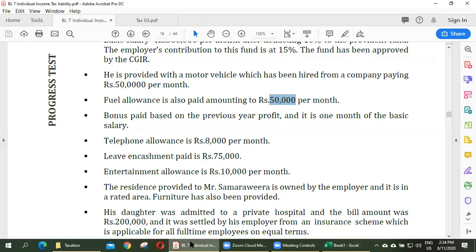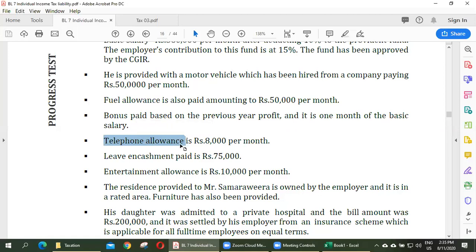And telephone allowance, 8,000 per month. This is not a bill payment, it's an allowance. This 8,000 is paid with the salary. So therefore, we do not need to deduct 50%, right?